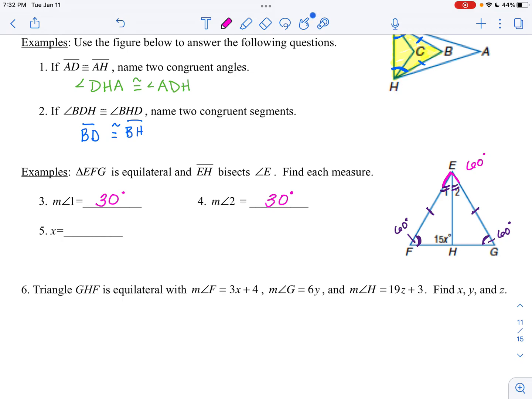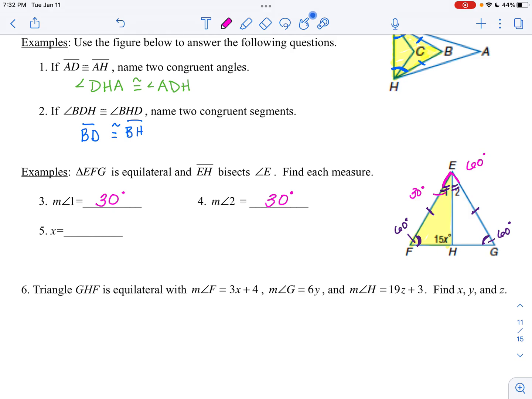In order to find x, we have to focus in on just one of the smaller triangles in this figure. So 15x represents the measure of angle FHE. If I look inside of just that little triangle, its three angles are 30 degrees, 60 degrees, and 15x degrees.